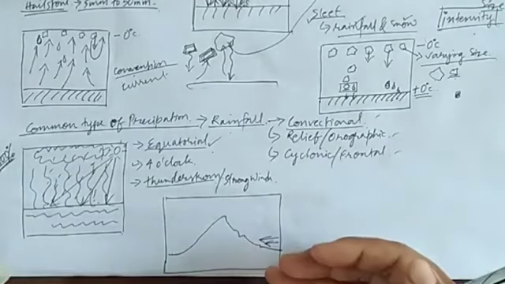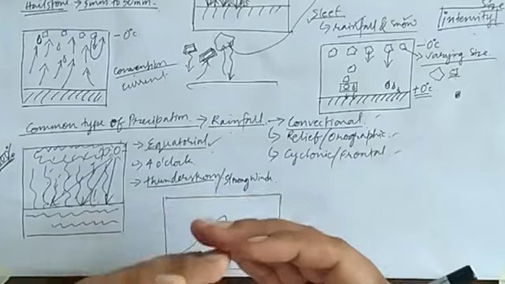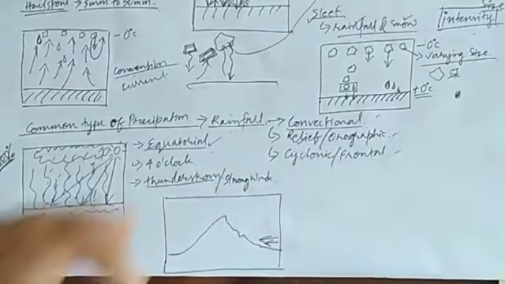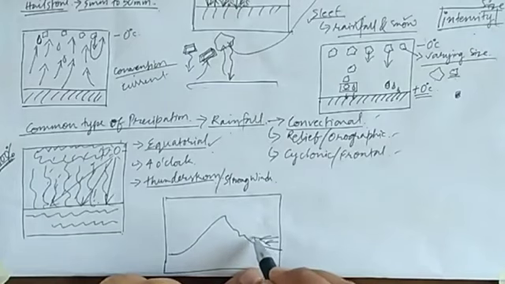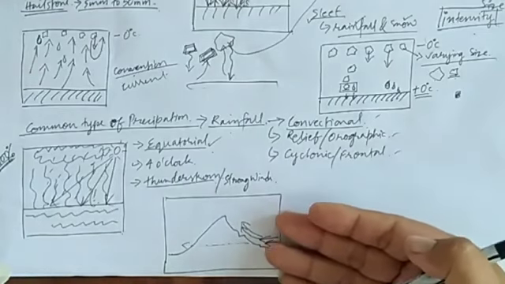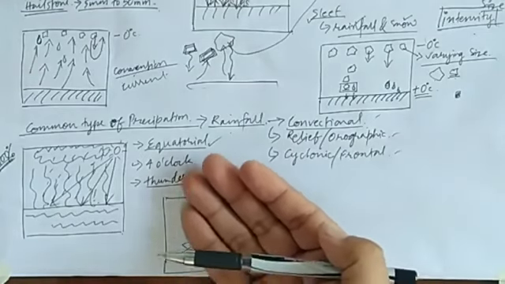Now in their direction an obstruction is present, that is the mountain, that is the relief. Now those winds are forced to rise along the slope of the mountain. They won't carve out a tunnel and come out from the other side of the mountain. That is not possible, isn't it? So as a result, the winds are forced to rise along the slope of the mountain.